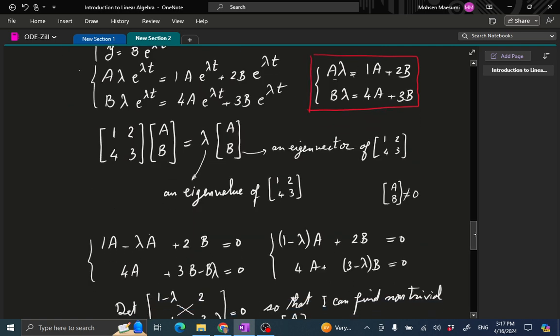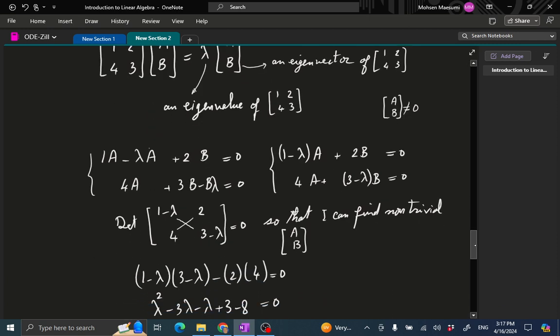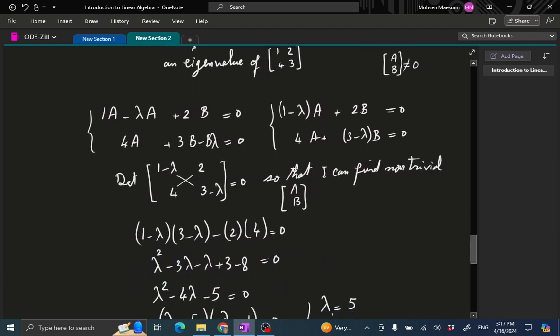We said the ingredients here are so important that they have their own names. That lambda is called eigenvalue, and the vector is called an eigenvector. We brought everything to one side and asked for the determinant to be 0. We get a polynomial equation. As usual, this is called the characteristic equation.